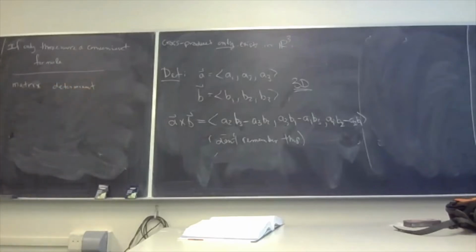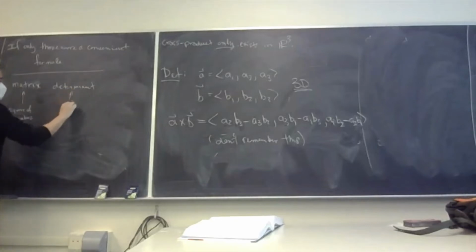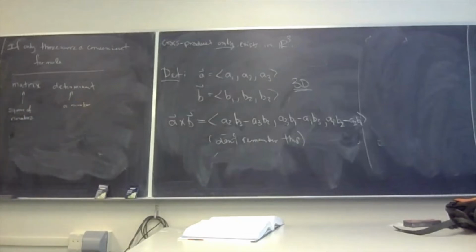But to remind you guys how a matrix determinant works. So matrix determinant, a matrix is just a square of numbers in our setting. And the determinant is just a number you produce with the matrix. You go on in linear algebra, you'll learn that this has a really special set of properties associated with it.